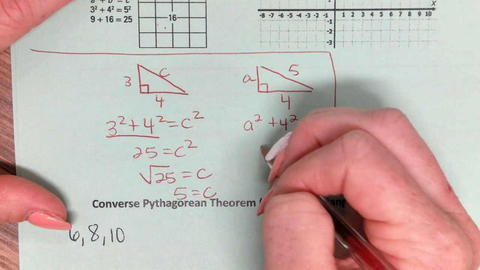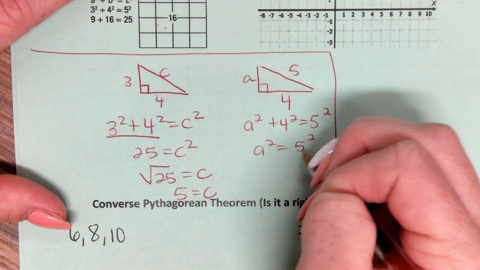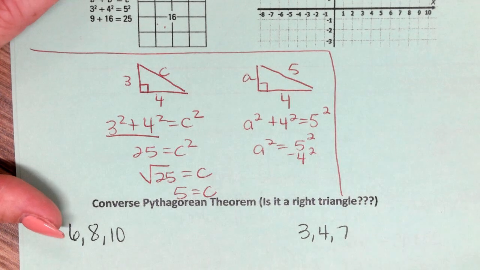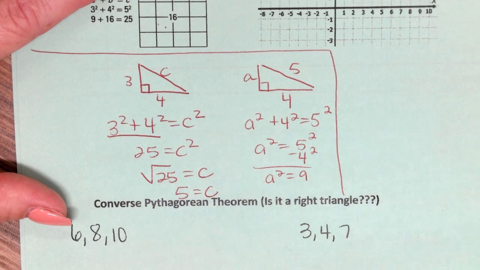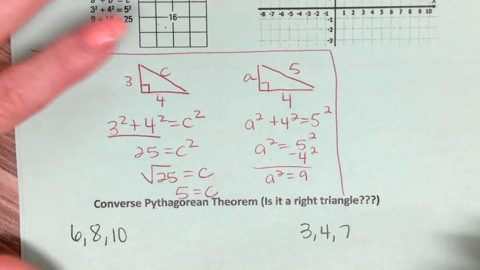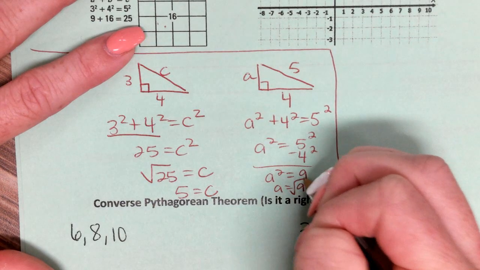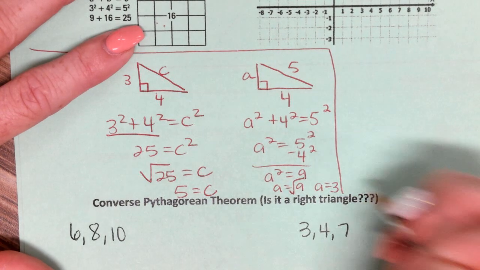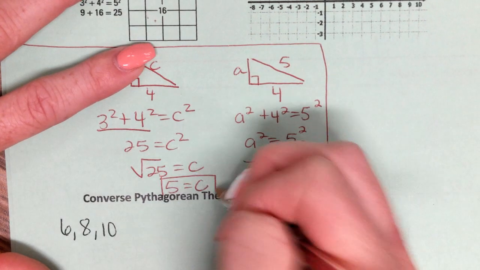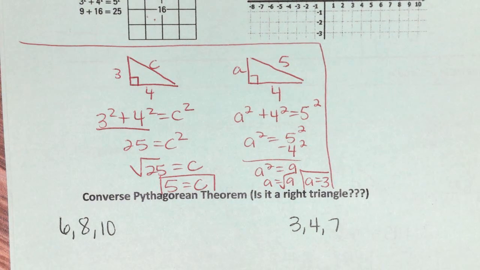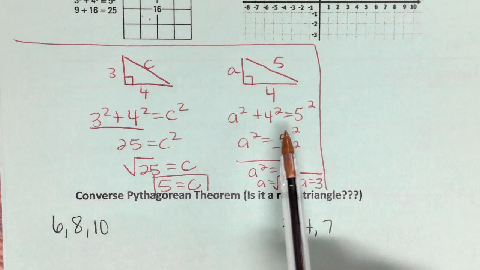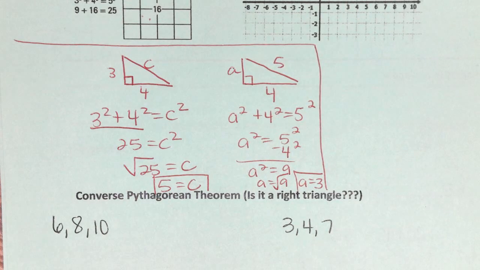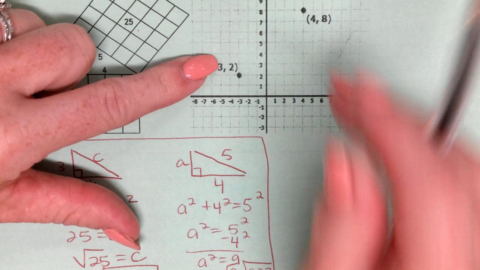So I would do a squared is equal to 5 squared minus 4 squared. That would give me a squared is equal to 9. And what would I do to my final answer? The square root of 9 is 3. So it depends. Are you solving for C or are you solving for A or B? If you're solving for C, you add. If you're solving for A or B, you do what? Very good.